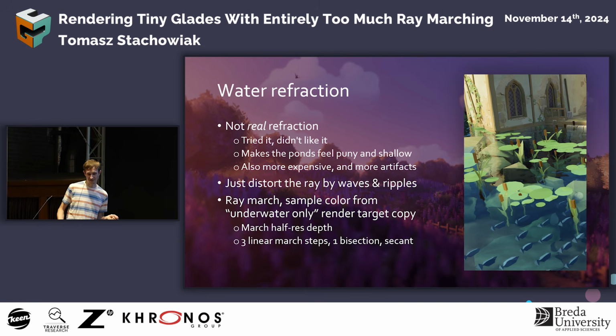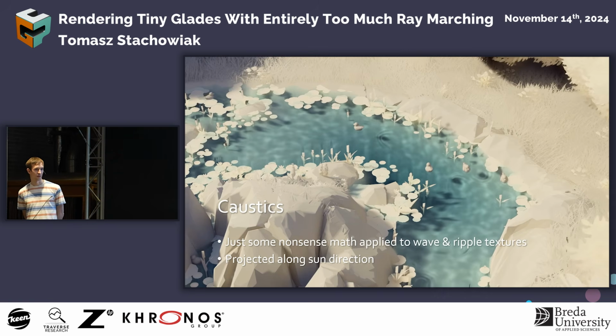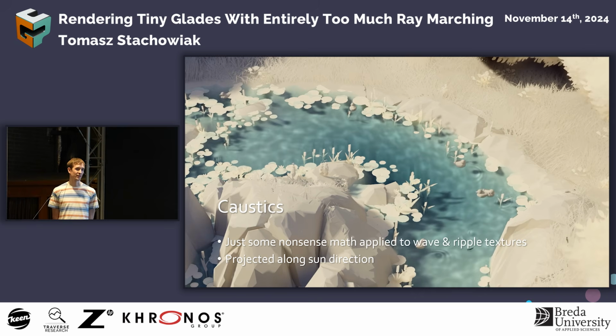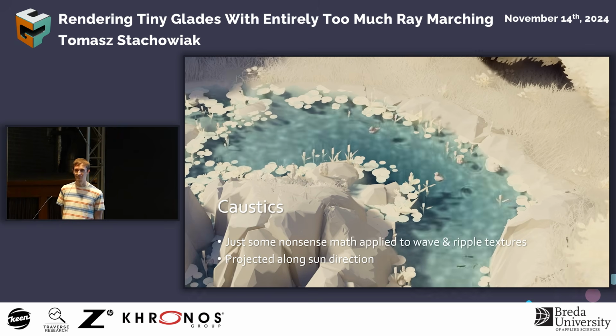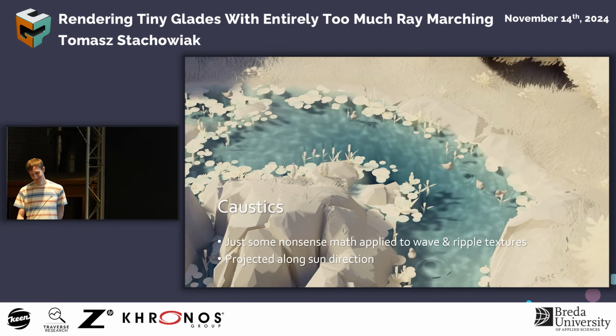So we cheat and we just distort the ray slightly by the waves and ripples and just ray march the distorted ray, which also means that we can get away with a very simple ray march with just 3 taps and 2 bisection. And we sample from a copy of the depth target that contains just the underwater stuff that we captured during the early rendering. And we also have some caustics, which are complete fakery as well, by just doing some random thresholds on top of the wave textures. And then we project this strange thresholded thing onto the water using the sun angle, and it just gives us something that looks good enough.